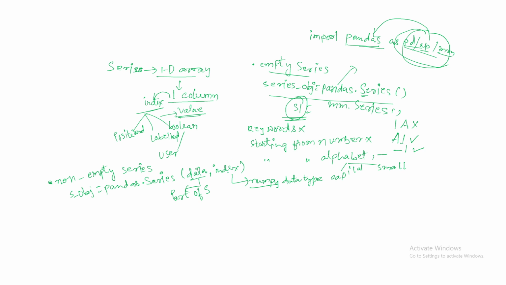Positional index has two types: forward and backward. Forward starts from 0 onwards. Backward starts from -1 onwards.